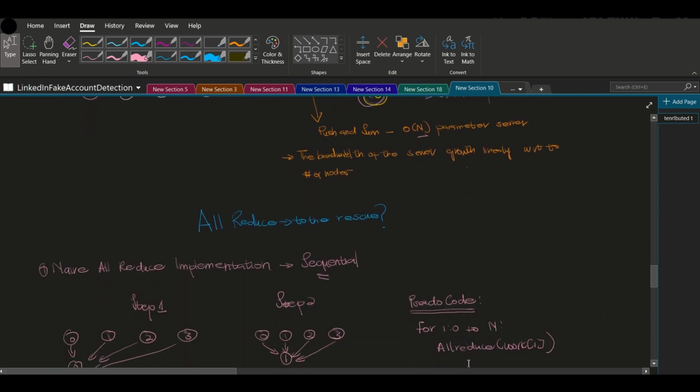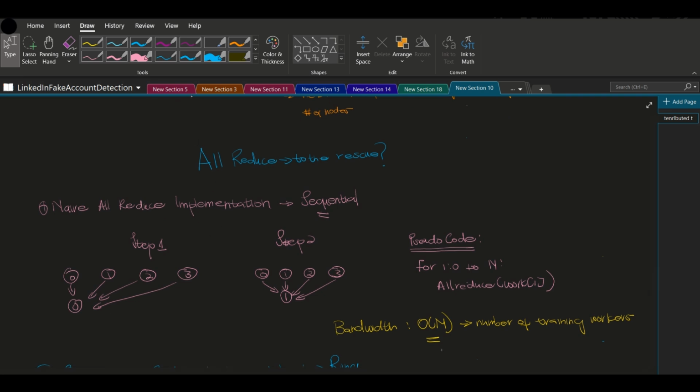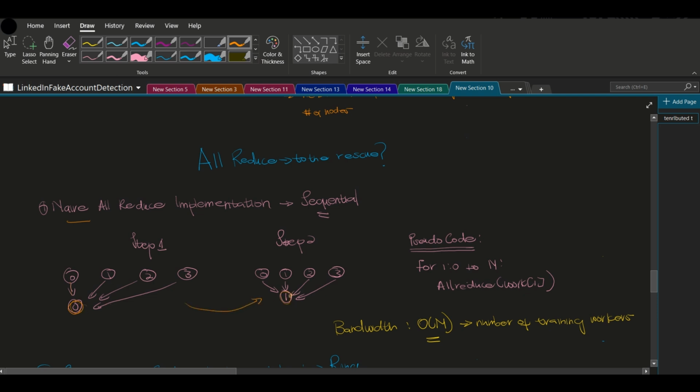Okay, let's jump deeper into all reduce. There's a sequential all reduce implementation, which some people call naive, whereby for each node, in step 1 we send all the parameters to all nodes. Then in step 2, we choose another node and send the parameters to that one. In step 3, we choose another node and send it.